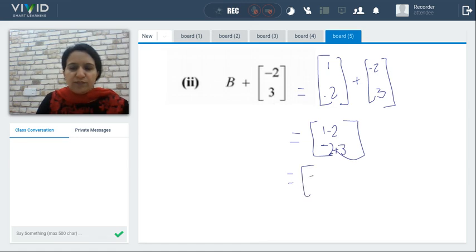One and -2 makes -1, -2 and 3 makes +1. So this is the answer of adding these. The next parts are similar to this one. Third, fourth and fifth parts, 6, 7, 8. You can easily add and subtract. We will be doing multiplication tomorrow.